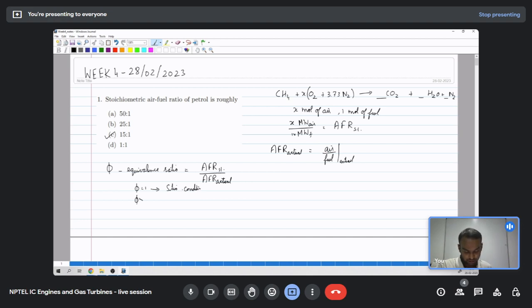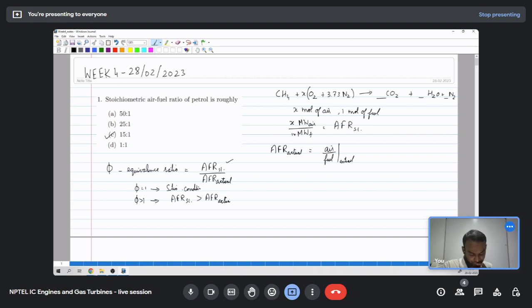When phi is greater than 1, that means for a given fuel, the air-fuel ratio stoichiometric is fixed, and if phi is greater than 1, the denominator is less than the numerator. That means AFR stoichiometric is greater than AFR actual.